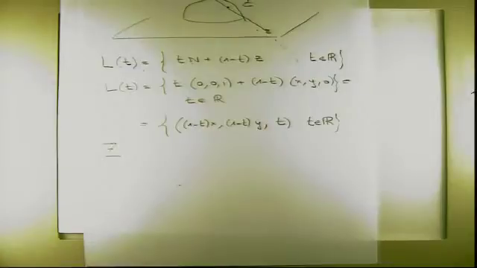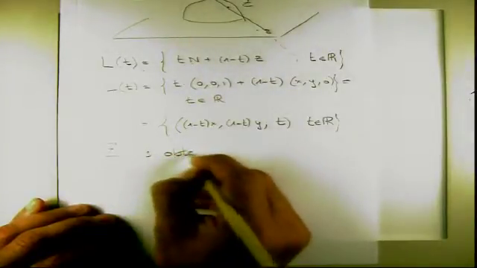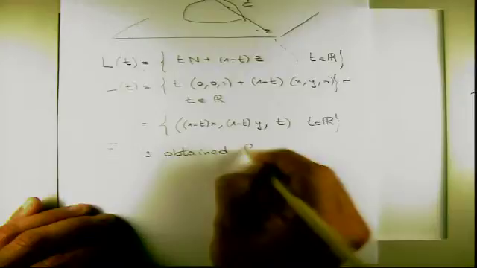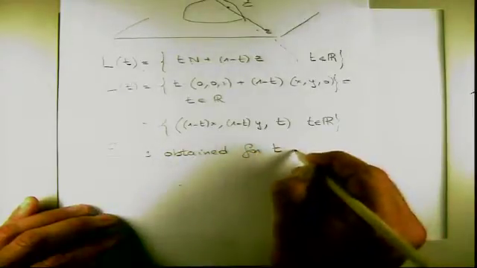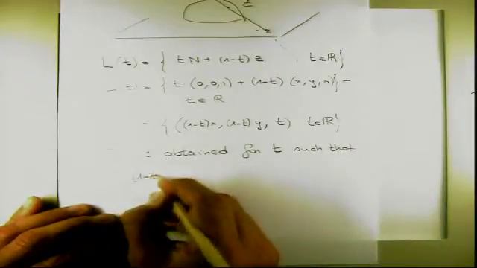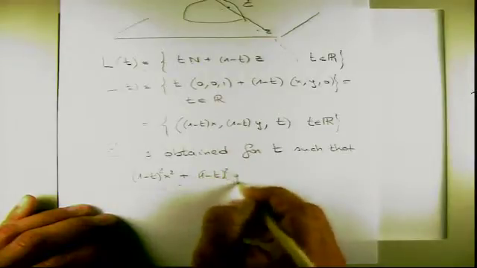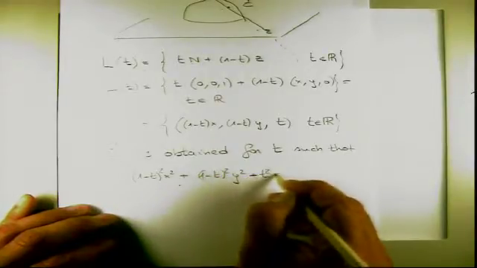Capital Z is obtained by imposing that the point is on the unit sphere, so the sum of the squares is equal to 1, the distance from the origin. So Z is obtained for t such that (1 minus t) squared X squared plus (1 minus t) squared Y squared plus t squared is equal to 1.